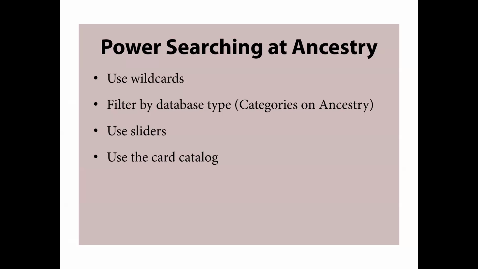So if you were looking for a category of a military record or a vital record event or other things, there are different categories you can filter down on. They give you the option of those sliders to help make them more exact searches as needed, and they have their own card catalog as well.